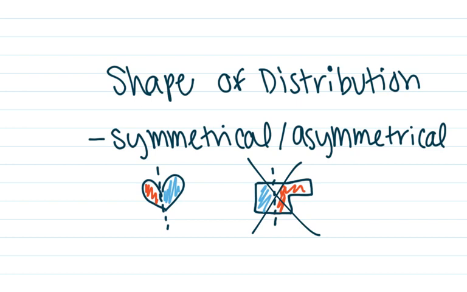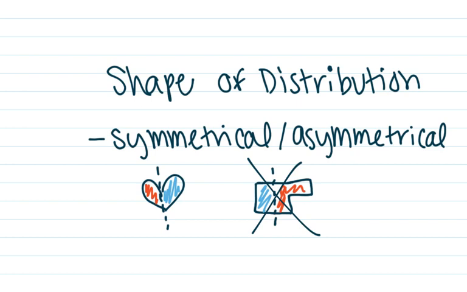So we have to be able to look at a graph and determine, is it symmetrical or is it not? If I split it in half, will each side be the same? If the graph has symmetry, that means that the mean is going to be right in the middle of our data, and it's going to be very reliable for us to use.